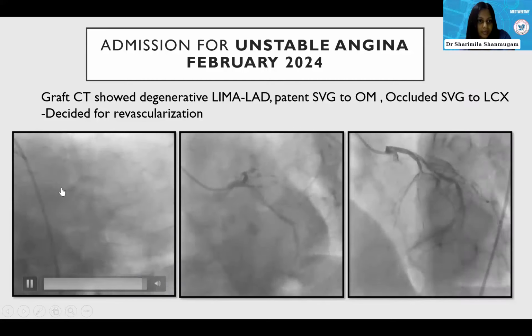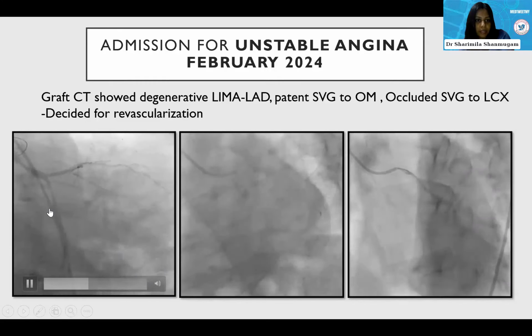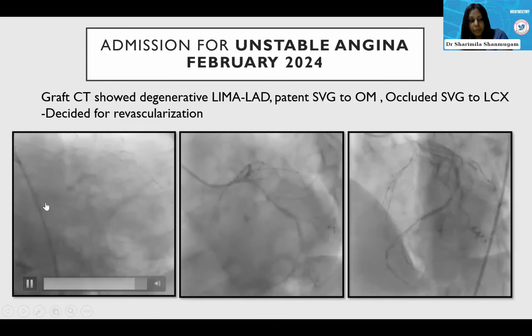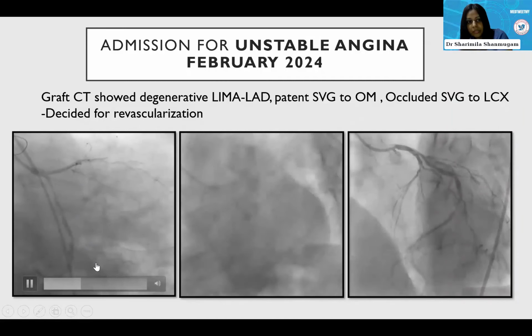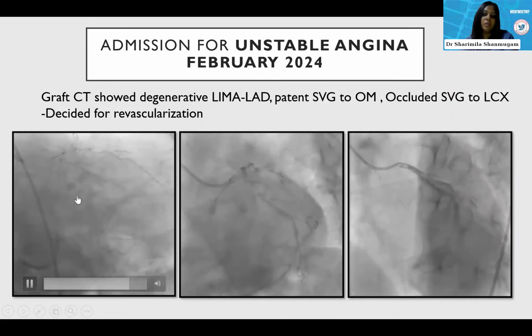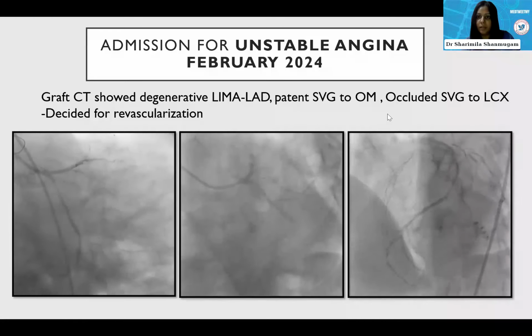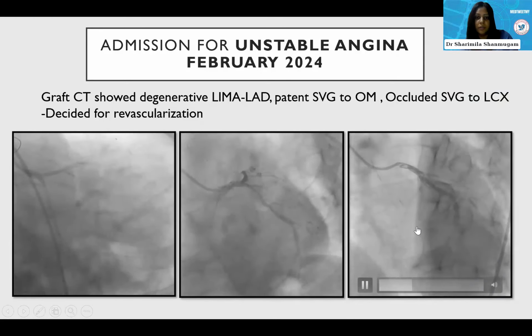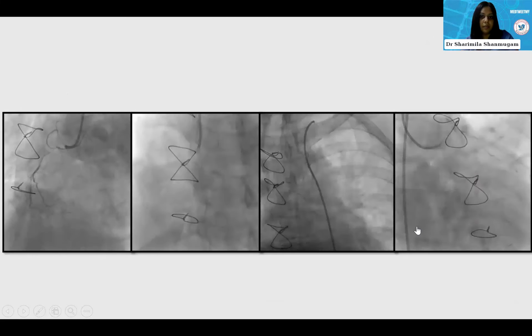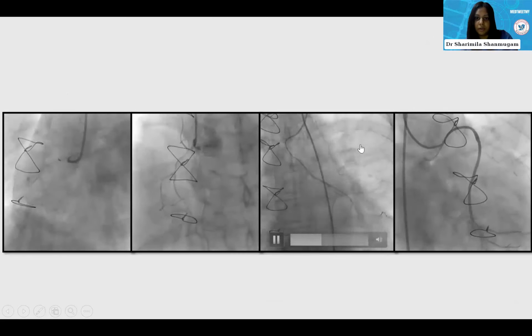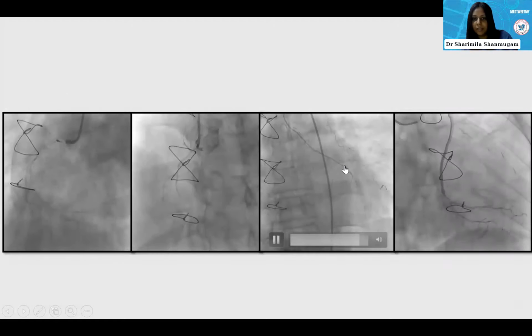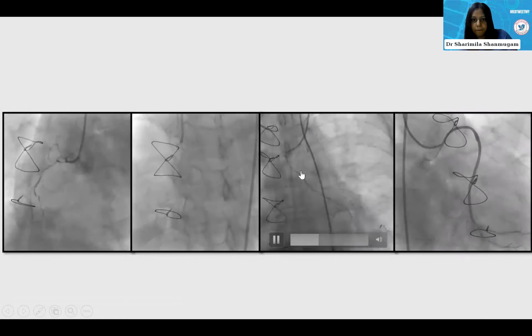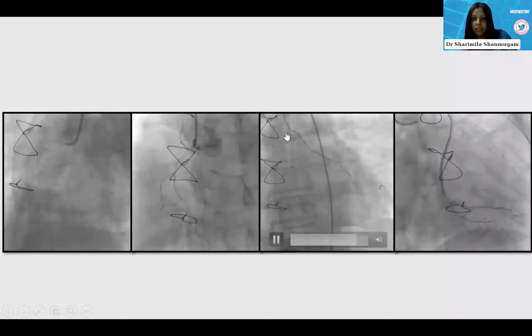So if you can see again, the left circumflex, now proximally earlier when I showed, if you remember, it was all right, only distally, right? So now proximal is also affected. And the left anterior descending, again, diffuse disease. The right side, the same. Okay, this one is the graft over here, right? This is Lima LAD. It's very small, degenerative.